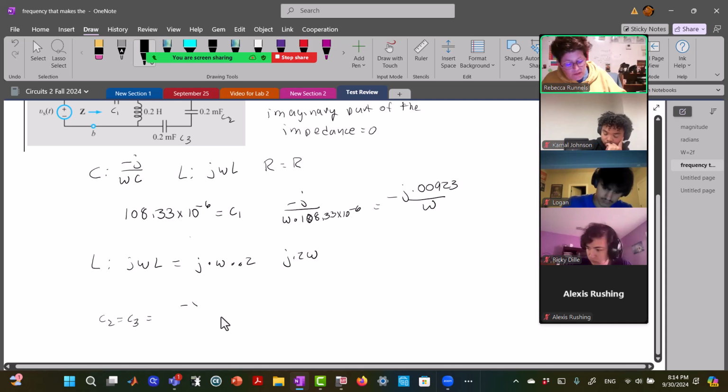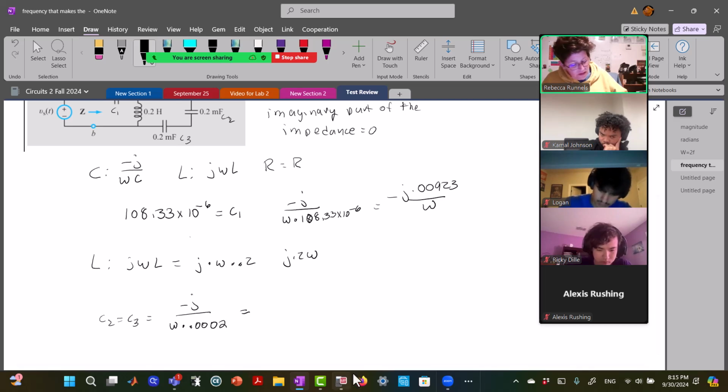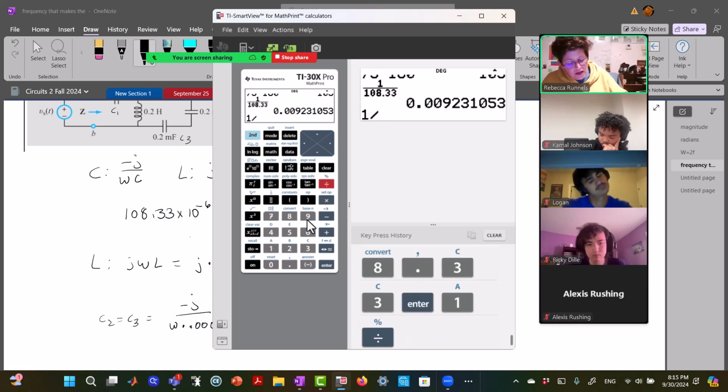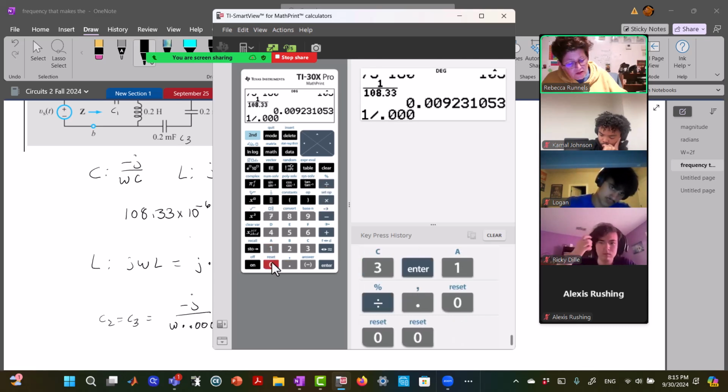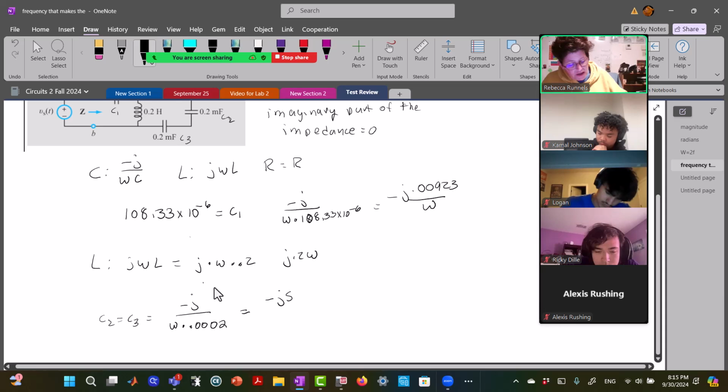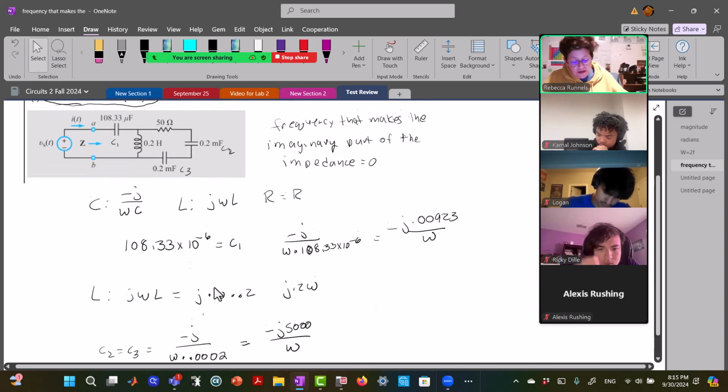That will be minus j over omega times 0.0002. If I do 1 divided by 0.0002, I get 5,000. So this is minus j 5,000 over omega, and that's for each of those.